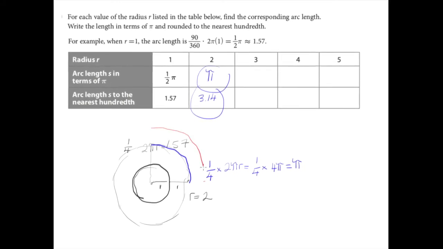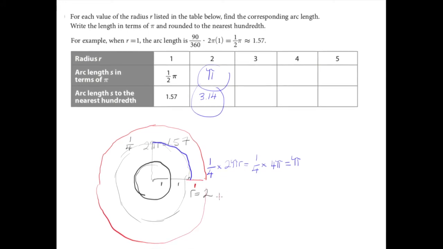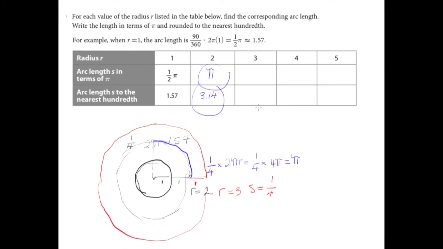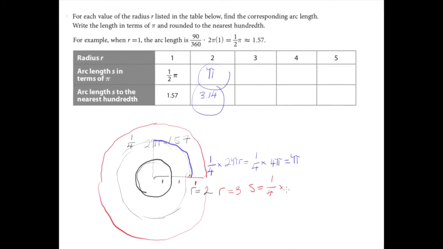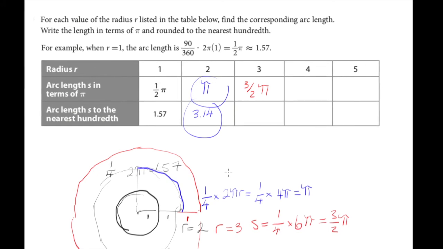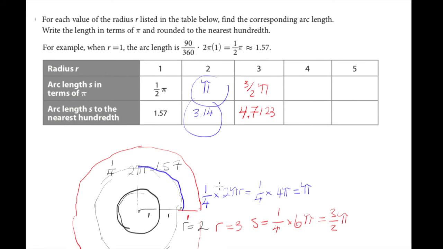Now do the same thing if the radius is 3. Put it back into the formula. 90 over 360, that's 1/4, times the circumference, which is 2 times pi times 3. So that's 1/4 times 6 pi, the same thing as 3 pi over 2. Put that in your calculator and you get 4.7123.